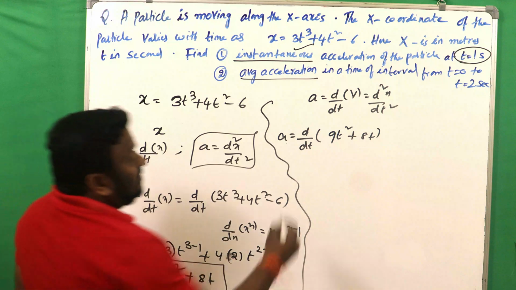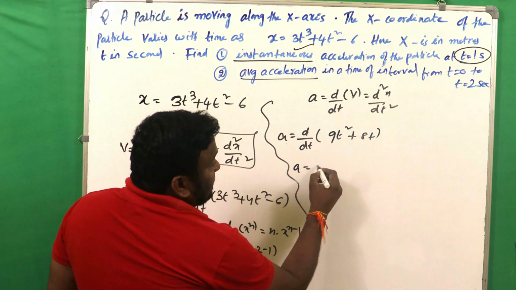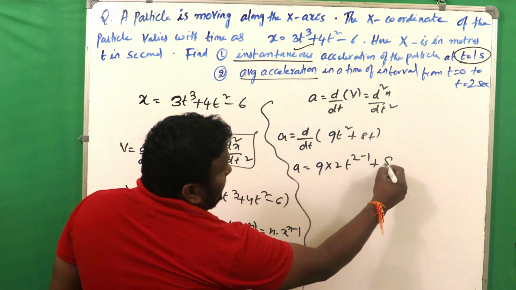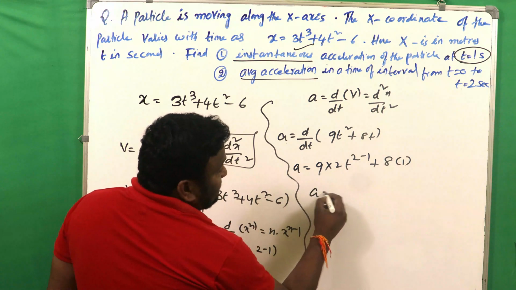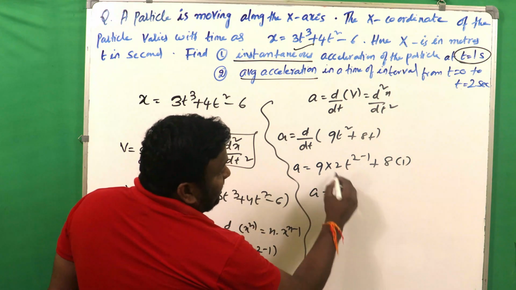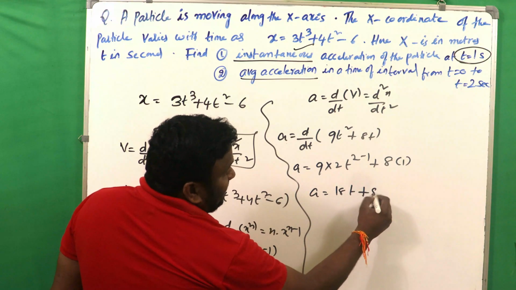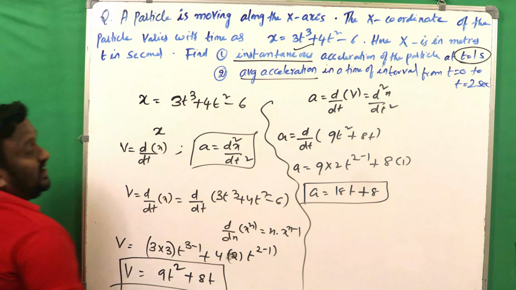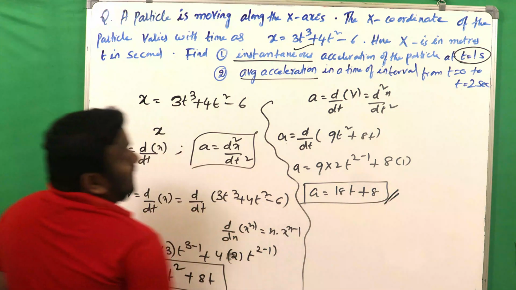Then a, again the same formula, is 9 into 2 into t^(2−1) plus 8 into 1. Then a = 18t + 8. That is the acceleration in terms of time.